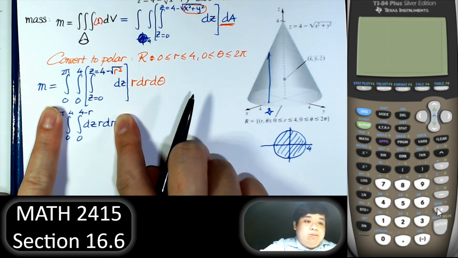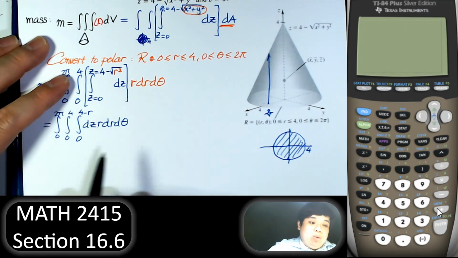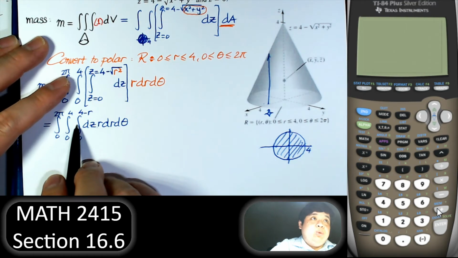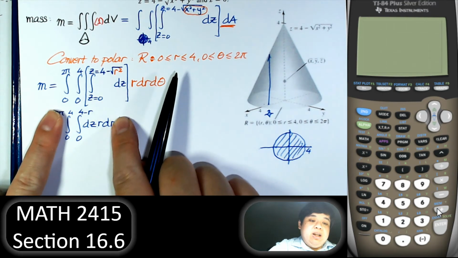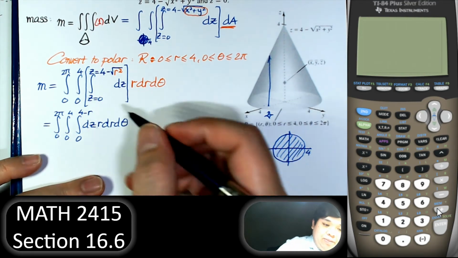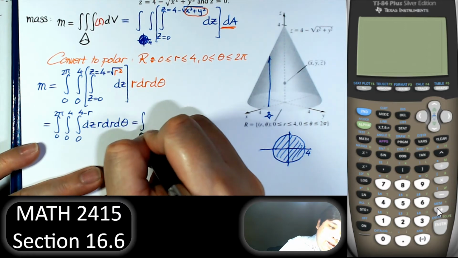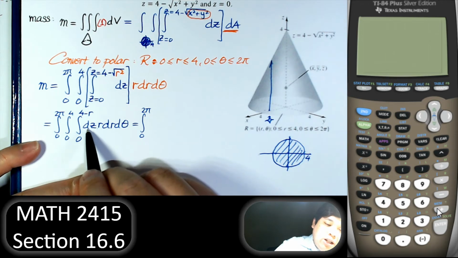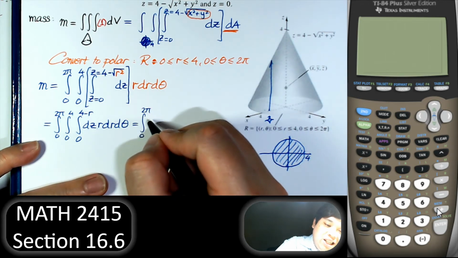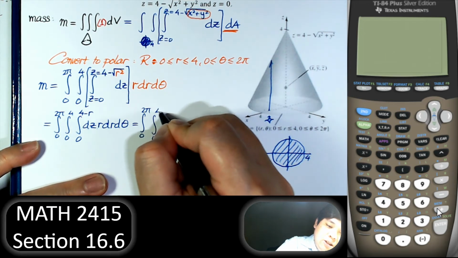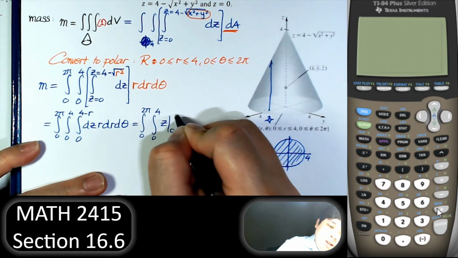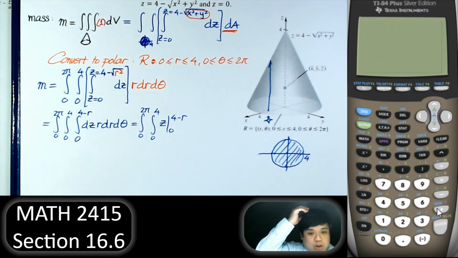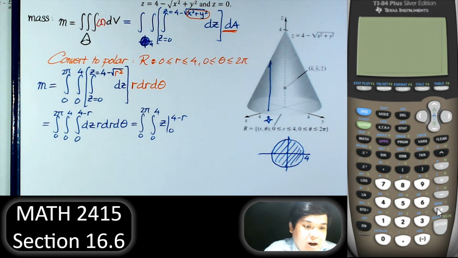Within the integral of r, we can put r anywhere we want. We can put r right in here if we want to. It doesn't matter, as long as it's between the integral of r. Right, inside integral, I will integrate with respect to z. I should write this one smaller because we might not have enough space.